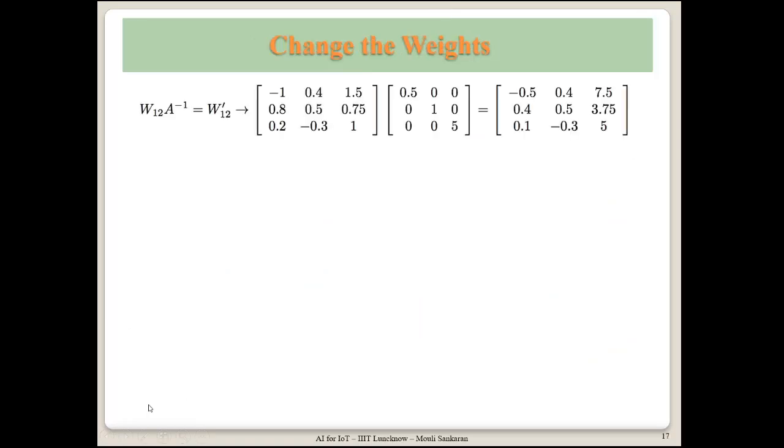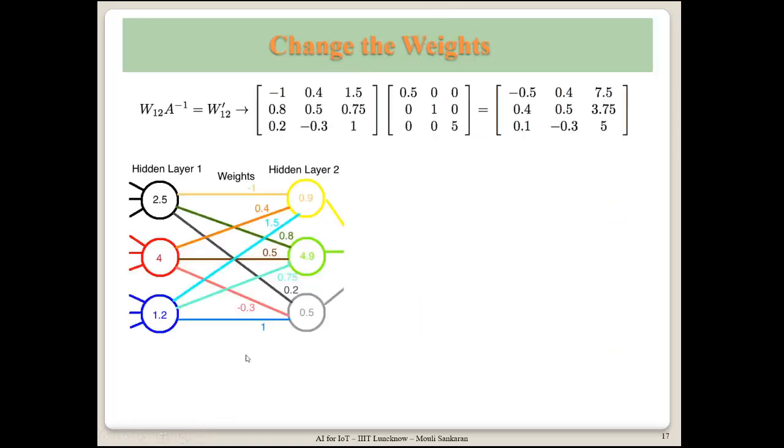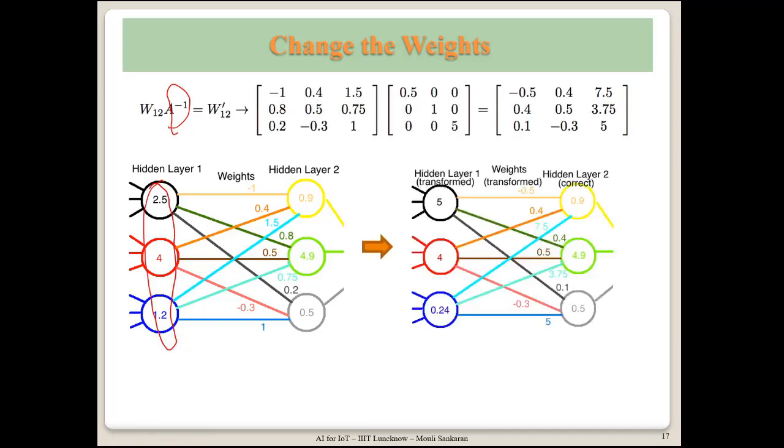Now if I change the weights, in the sense I don't change the actual weights but I transform them by multiplying by A inverse, that means whatever the new values I found, if I multiply by that, I will get back the original value. So A inverse undoes the original A, the activation function.